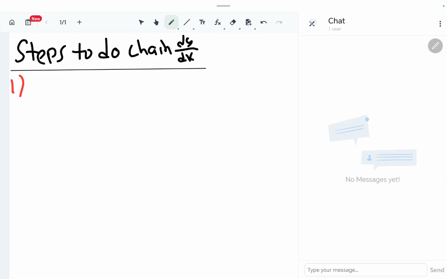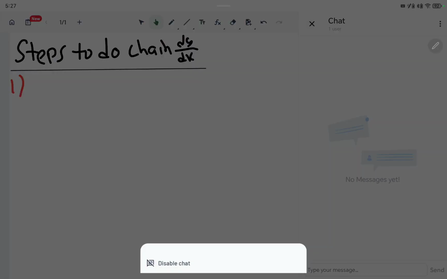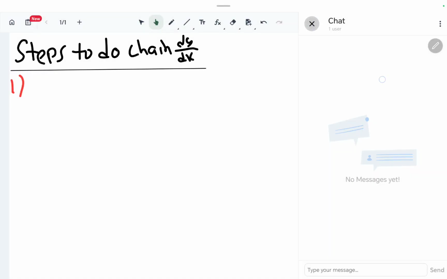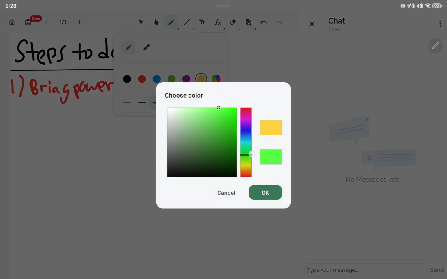Alright, so one is to bring power number down. And then I'll write in cyan.